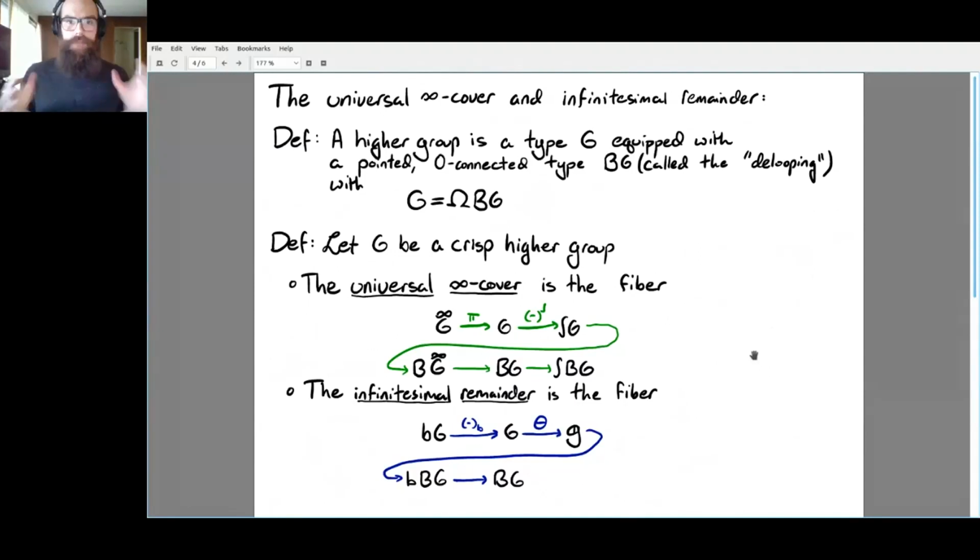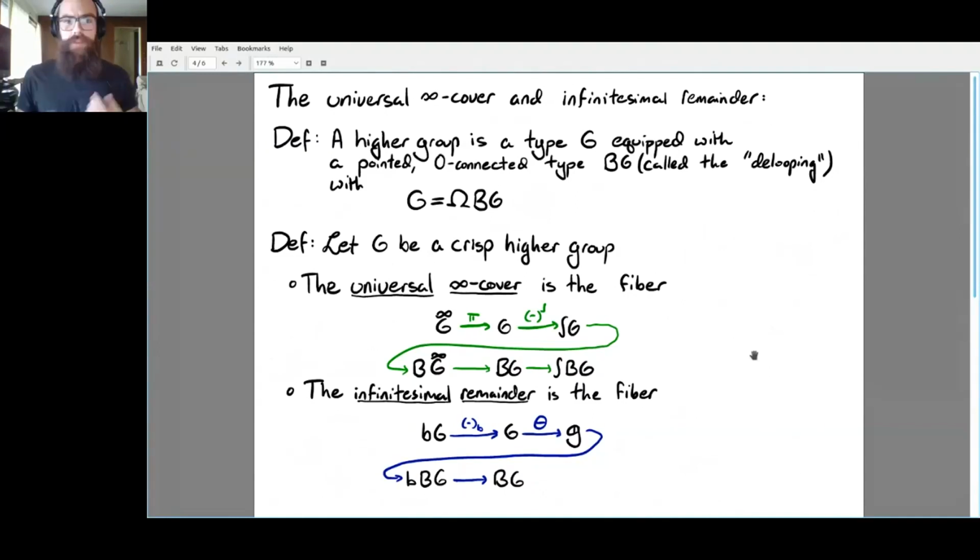So we ask for BG to be narrowly defined. So if you have a symmetry of any object in any type, you can always restrict to all those things which are identifiable with it, and that will give you the de-looping of the symmetry higher group of that object. So that's the idea behind higher groups.